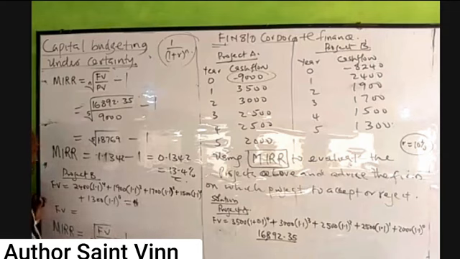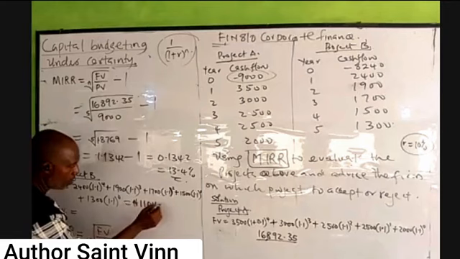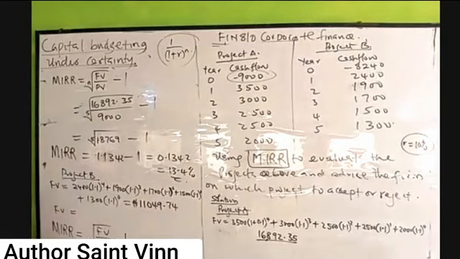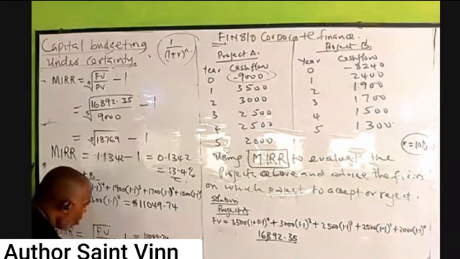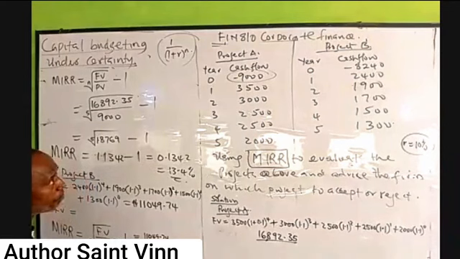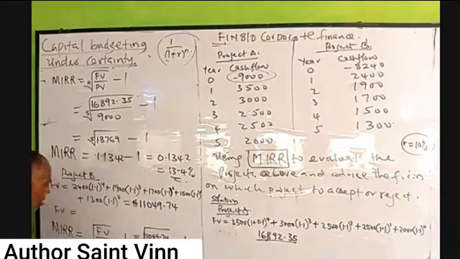11049.74. Good. So here MIRR will be equal to 11049.74 over present value 240, fifth root, minus 1.